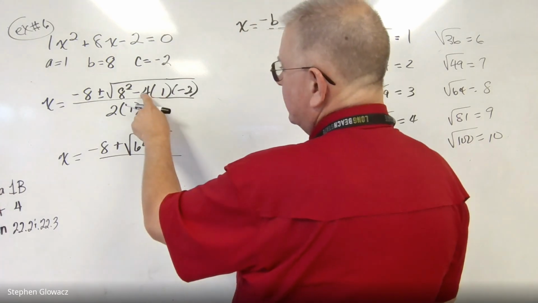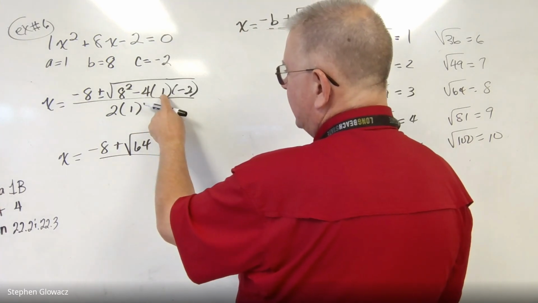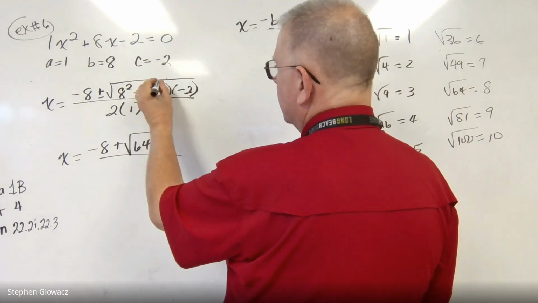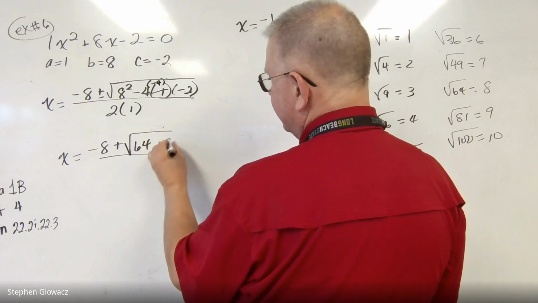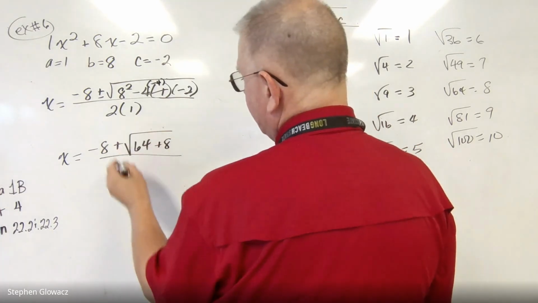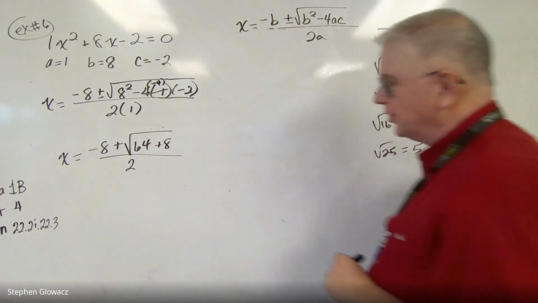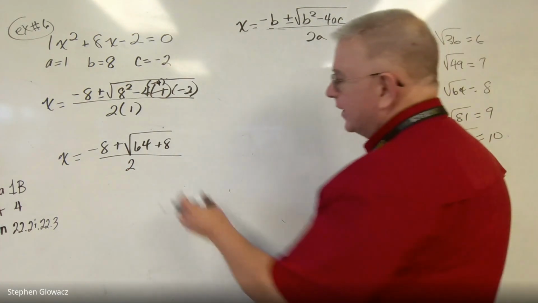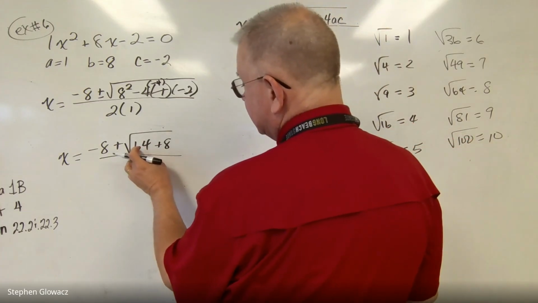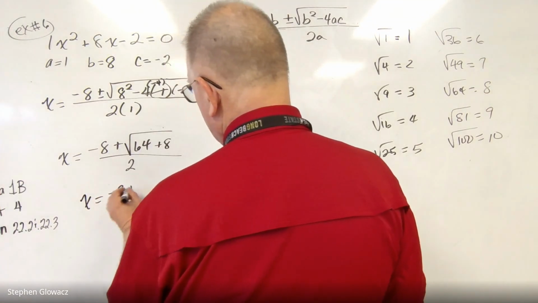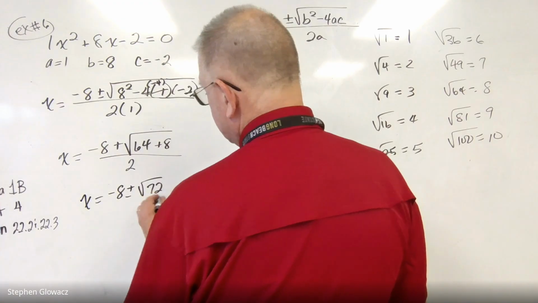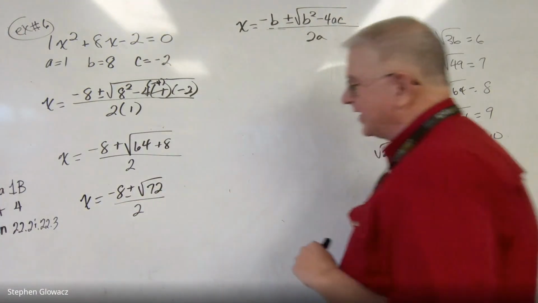And then negative 4 times 1 is negative 4, and negative 4 times negative 2 is positive 8. And of course, in the denominator, 2 times 1 is 2. All right, now over here we have 64 plus 8, which is 72. Oh, wow, that's the same thing we had on the last one. So I guess we'll get to see that again.